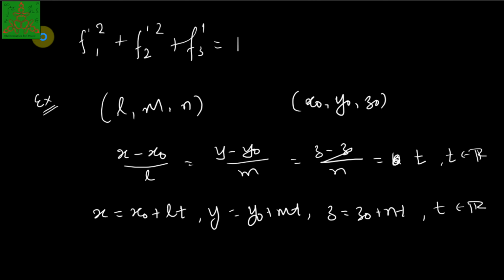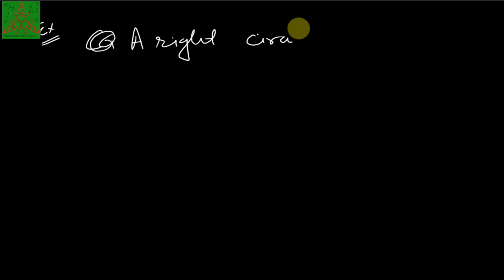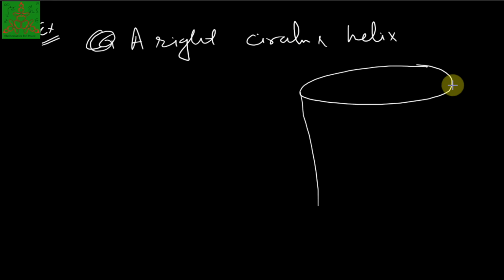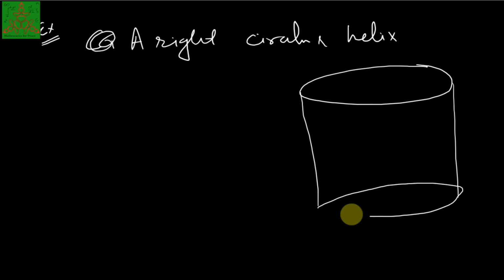Let us give another example that is known as a circular helix. First of all, you should know what a right circular helix means. If you have a circular cylinder like this, and on this cylinder one curve is situated in this manner, this is known as a right circular helix.